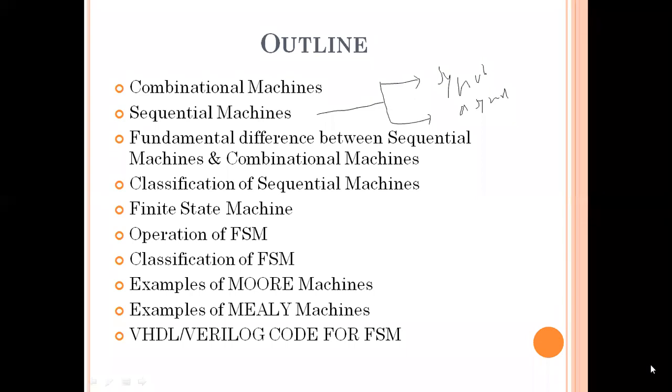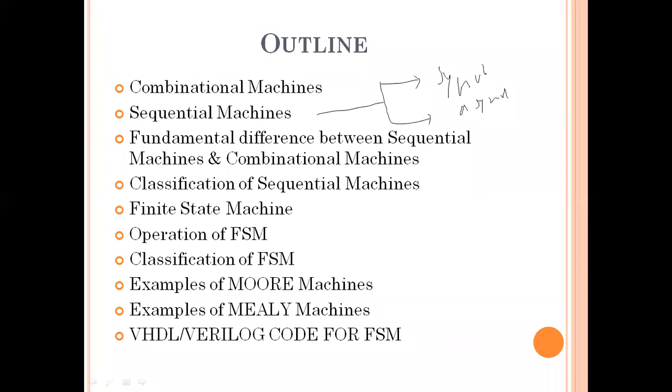I will ask one question. All of you know about the microprocessor and microcontroller, related to digital systems. I'm asking one question: all of you know about the microprocessor and microcontroller, right?